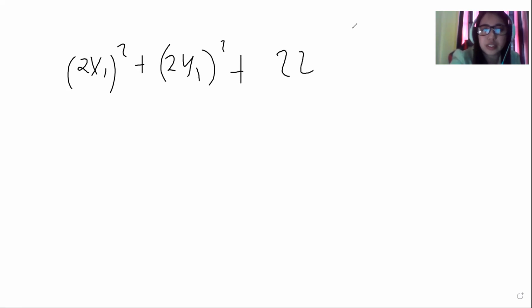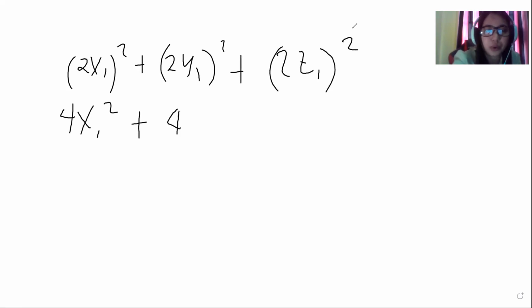By substituting it in our equation, it will be (2x sub 1) squared plus (2y sub 1) squared plus (2z sub 1) squared, which will result in 4x sub 1 squared plus 4y sub 1 squared plus 4z sub 1 squared.